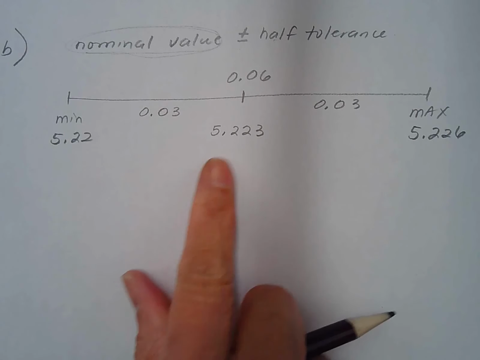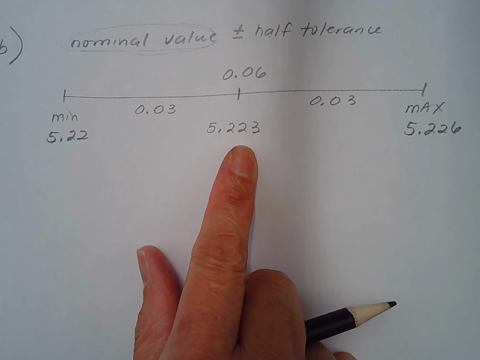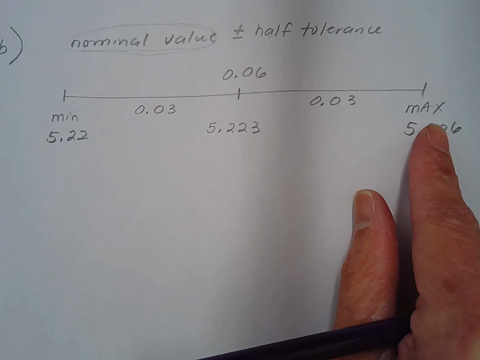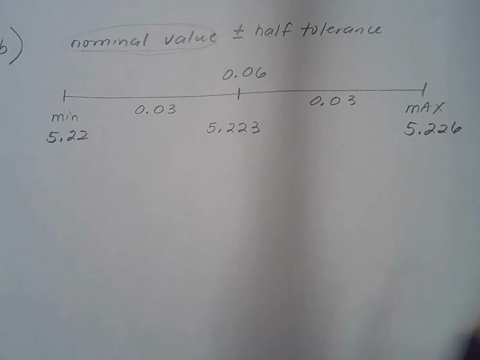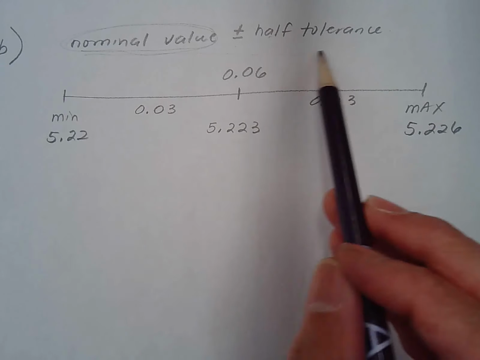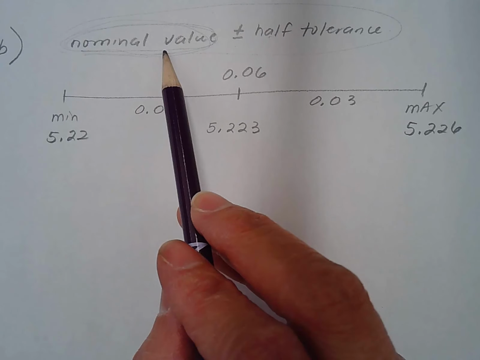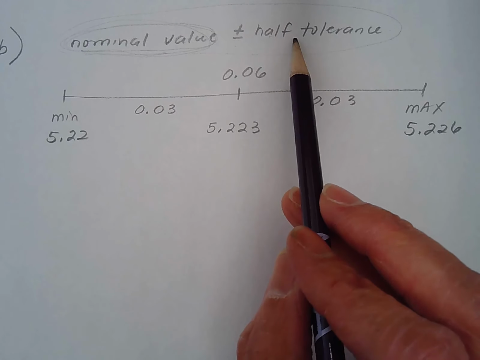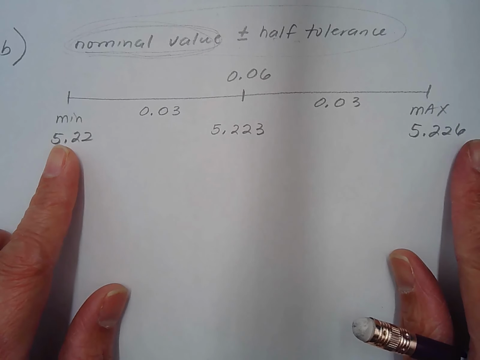So if you add it by 0.03, you're going to get that. And if you add another 0.03, you're going to get the maximum. So is this one okay? So if it's in this form, that means our target value is halfway between minimum and maximum.